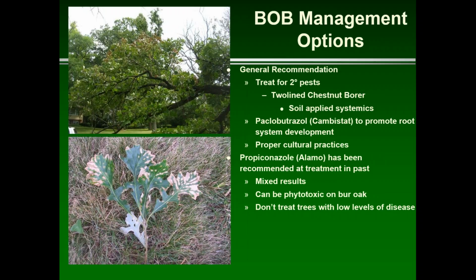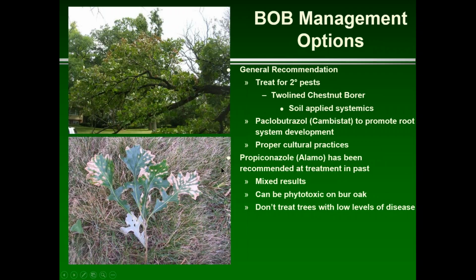So we tend to be seeing a little bit of a backpedaling about initially treating with propiconazole, and not necessarily treating trees with low levels of disease with propiconazole, but perhaps treating for the secondary problems such as two-line chestnut borer, or with Cambistat in order to promote some extra root development.